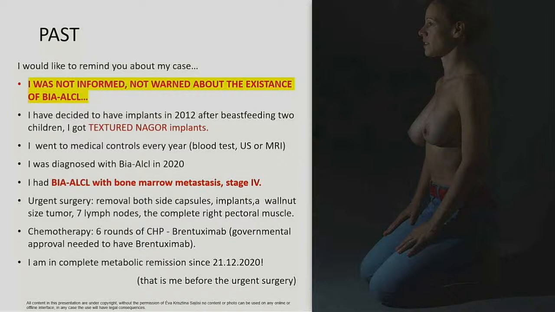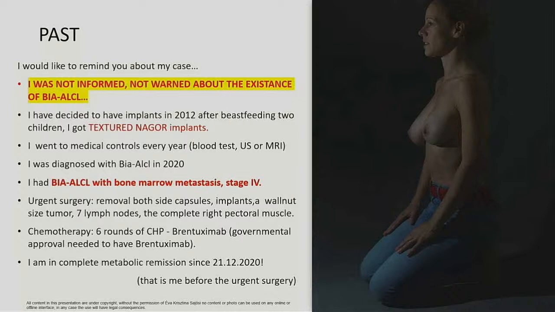So they decided to have urgent surgery, removal of both side capsules, the implants, I had a walnut-sized tumor, 7 lymph nodes were taken out, and the complete right pectoral muscle. So it was quite a big surgery, but everything went really well.